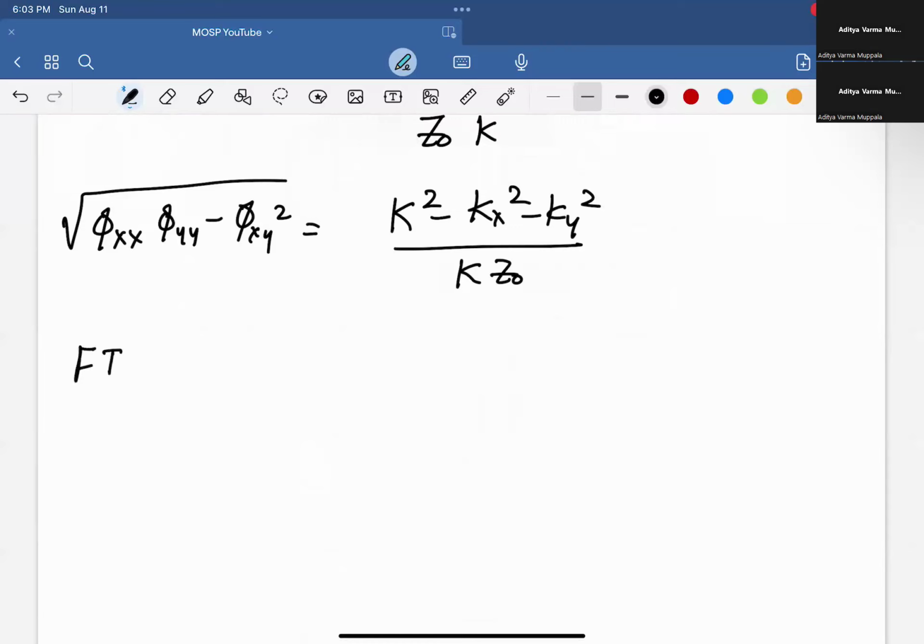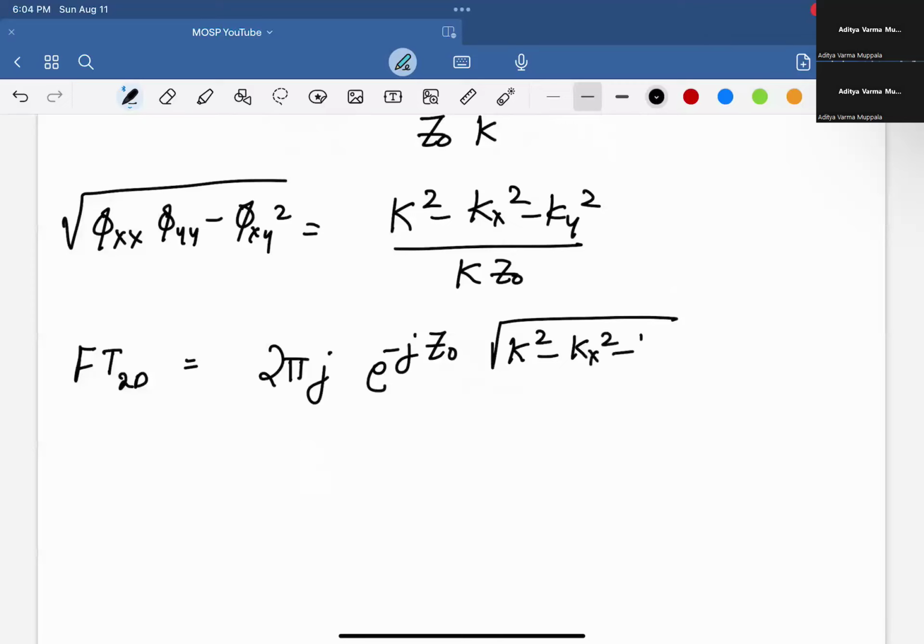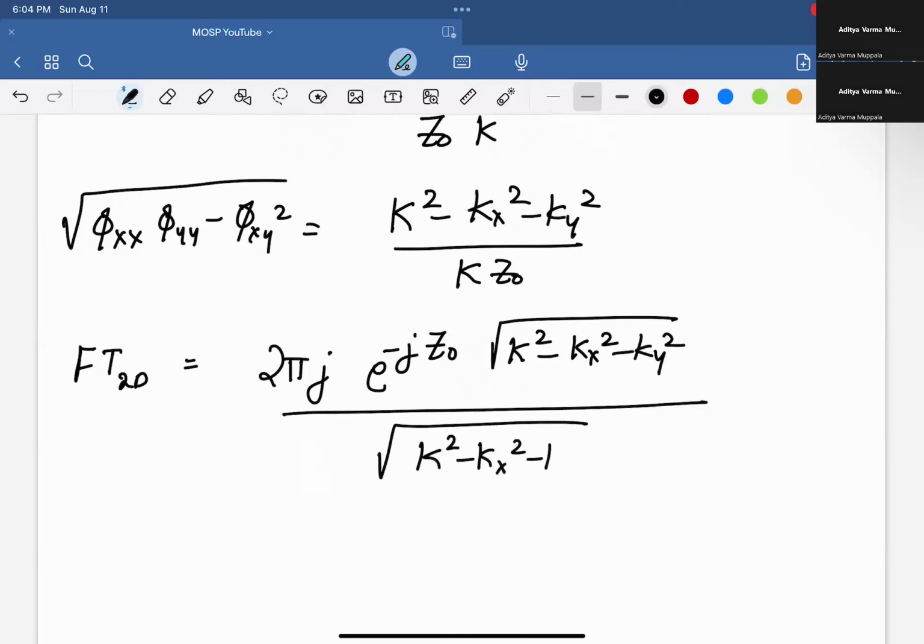Then you get that the 2D Fourier transform is given by 2 pi j e to the minus j z naught square root of k squared minus kx squared minus ky squared, over square root of k squared minus kx squared minus ky squared.